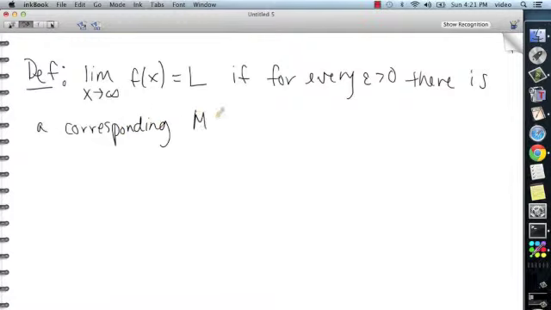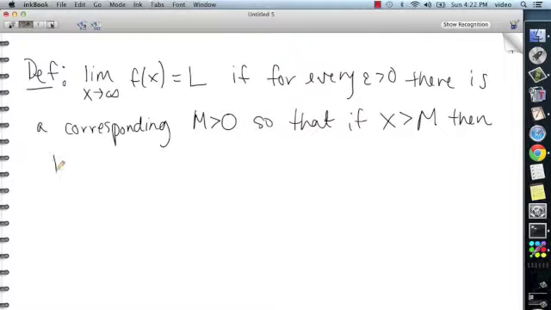Instead, there's a corresponding m, big number bigger than 0, so that if x has gone past m, if we're farther than m towards infinity, then we're close to our L value. Our function is getting really close to its limit.